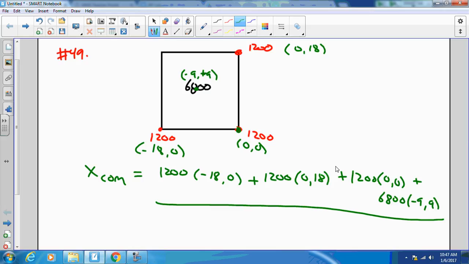So we're going to divide that now by the total mass, which is 3 times 1,200, or 3,600, plus 6,800.